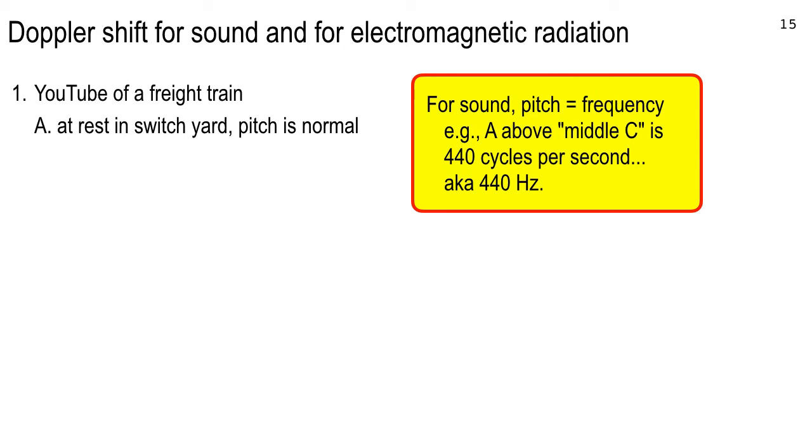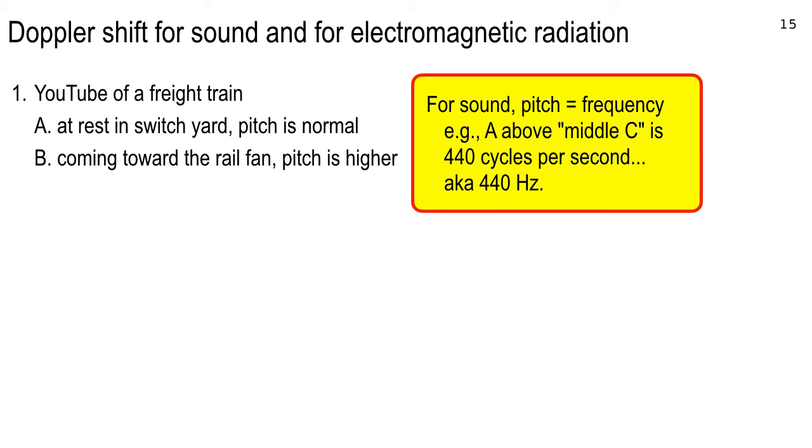Now, the fancy metric term for cycles per second is the hertz, Hz. Okay? So 440, and we're not going to work too much with that nomenclature stuff, but that is how we would talk about the frequency in terms of hertz. So if you're at rest in the switch yard, you hear the standard value of the pitch.